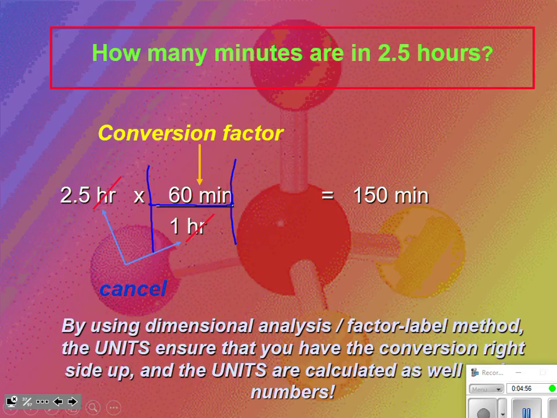All right, and now I just have to decide which way I have the conversion factor. What goes on the top? What's in the numerator? What's in the denominator? Well, the whole idea is you need to find the label that will cancel.